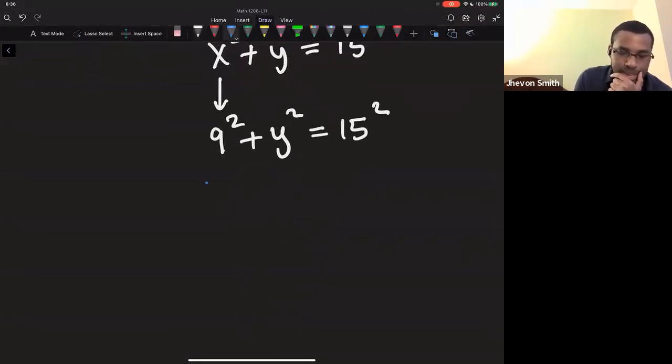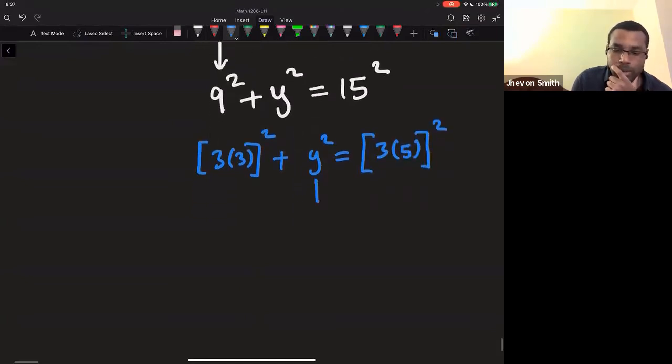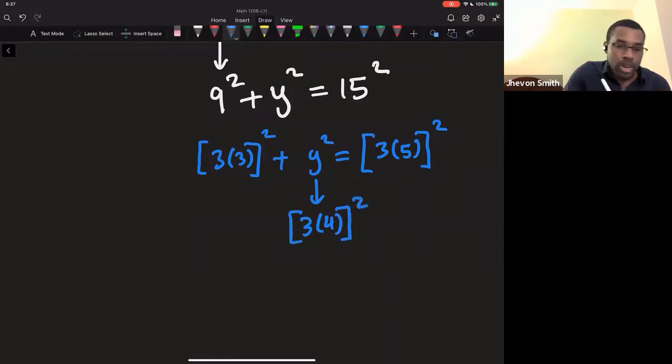Let me give you a hint. 9 is the same as 3 times 3. 15 is the same as 3 times 5. Does that help you to know what the y is? Is it 3 times 4? It's 3 times 4, right? And that's something that you know from geometry. It's a 3, 4, 5 triangle.